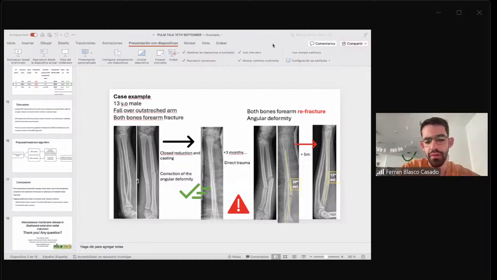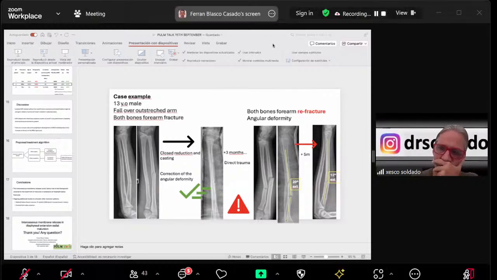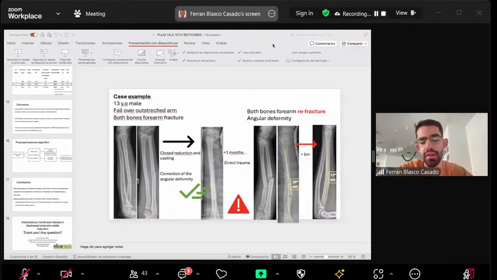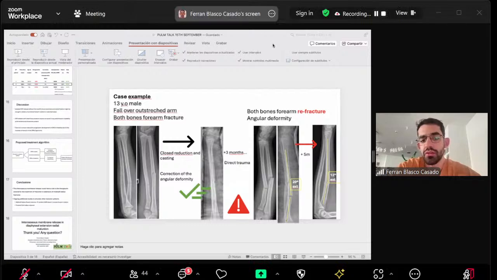So when you are reducing the fracture with a closed technique, you have to reduce it in pronation normally. But I didn't find any model showing it in any in vitro study or clinical. That's what I always understood from forearm fractures.